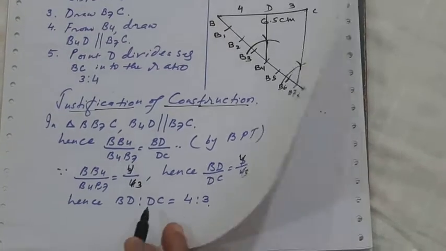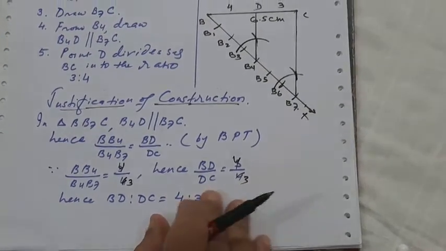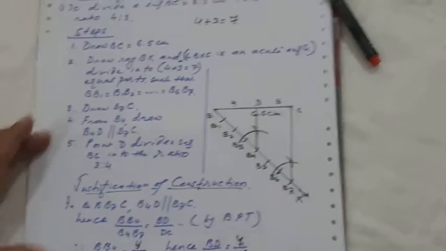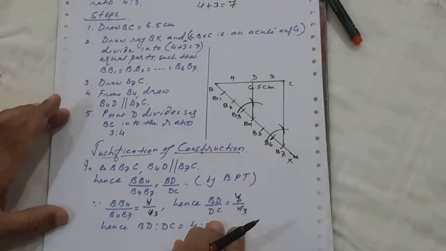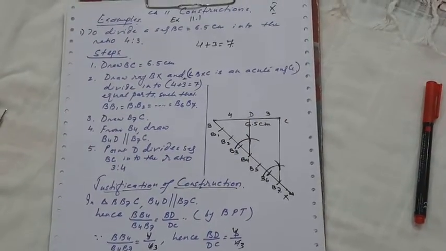So hence BD is to DC is equal to 4:3. Practice this nicely as it is explained. You will be able to understand. Construction number 2 I will show you tomorrow.